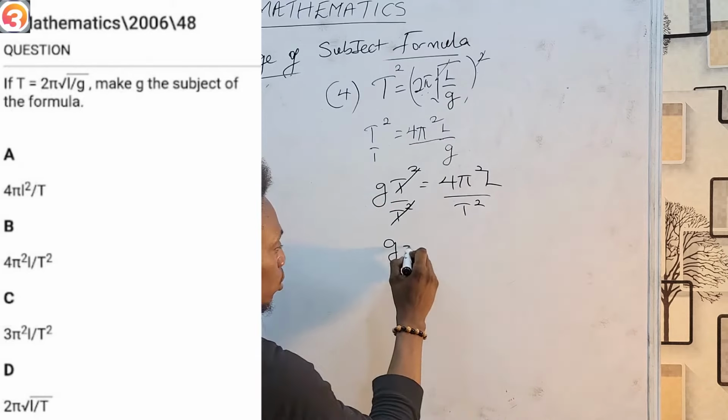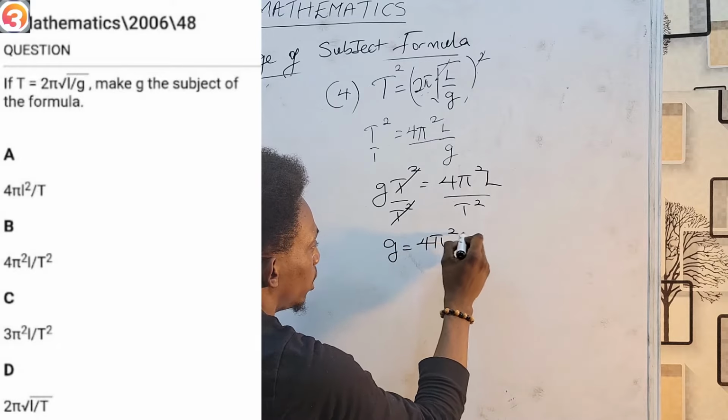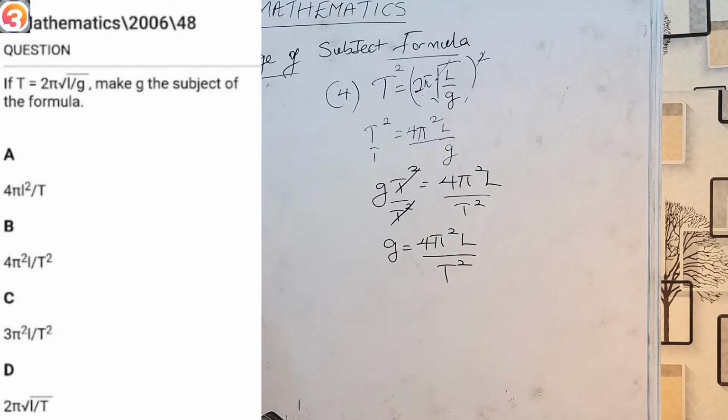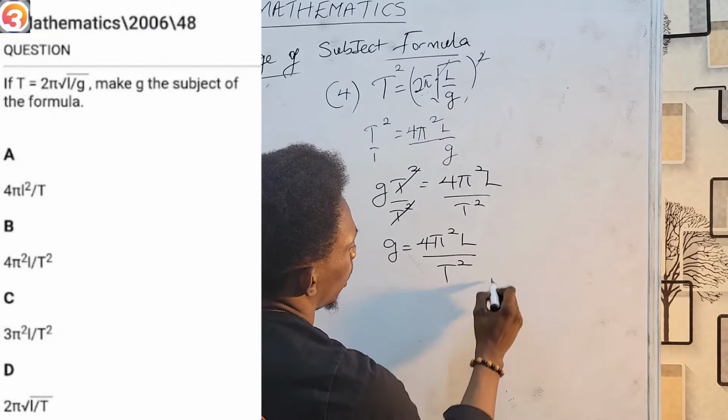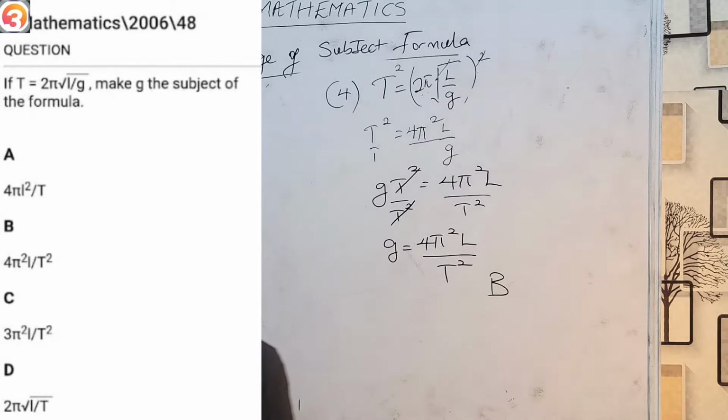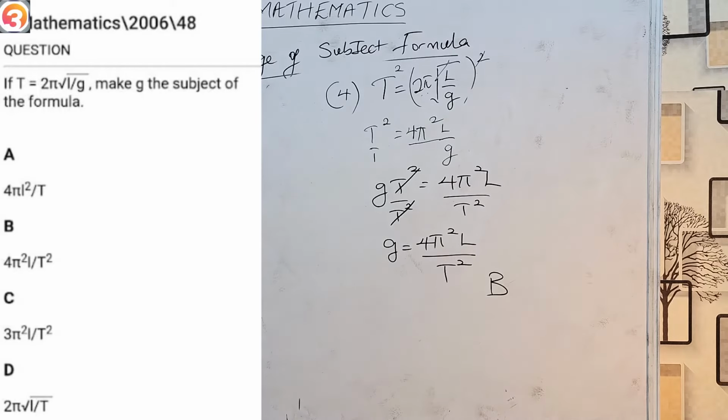G must be equal to 4 pi squared L over t squared. And that is option B. So you see, the solvings are easy and very simple. What can you do to solve?